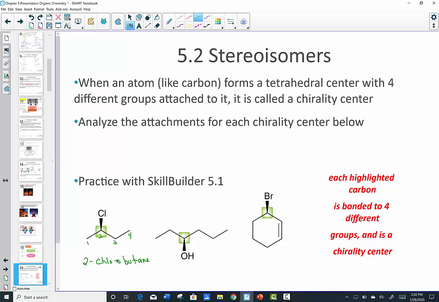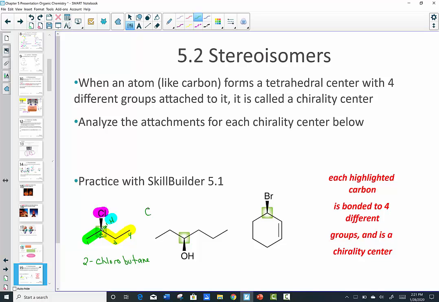Keep in mind what's not shown but we know is there is a hydrogen. So we can see that in one attachment we have a chlorine, a second attachment a hydrogen, a third attachment is a methyl group, and a fourth attachment is an ethyl group. So they are indeed different. So carbon 2 is a chiral center.